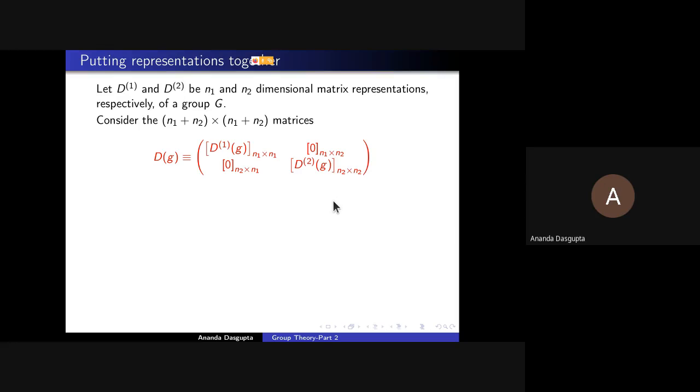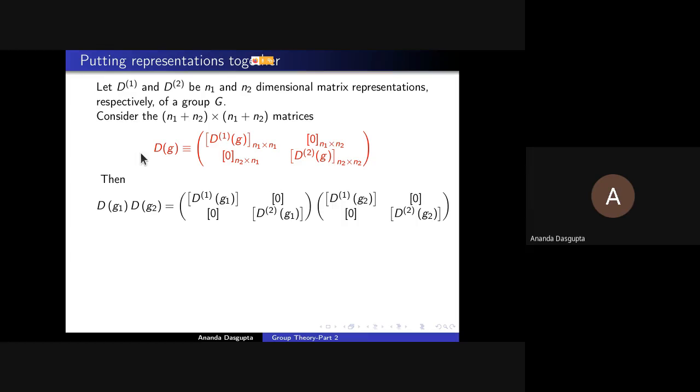So if that is the case, then the proof becomes very simple. There's one D(g) for every group element. So you take D(g1), D(g2). Both are of this form. They are both block diagonal: D1(g1) sitting here, D2(g1) sitting here. You say it's block diagonal and not diagonal because of course D1(g1) and D2(g1) are not diagonal matrices, but this is a block on the diagonal, this is another block on the diagonal.